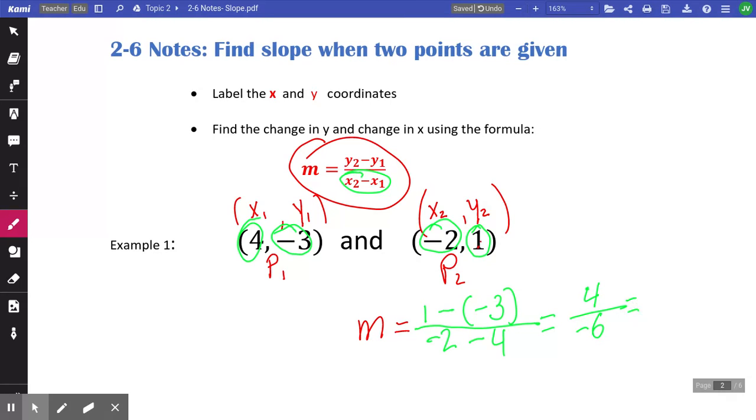You can leave this as a fraction because it's much better for the slope to see it as a fraction, as a rise over run. But it has to be in the simplest form. So it's -2/3. So what this means is the 2 points are vertically 2 units away from each other and horizontally 3 units away from each other.